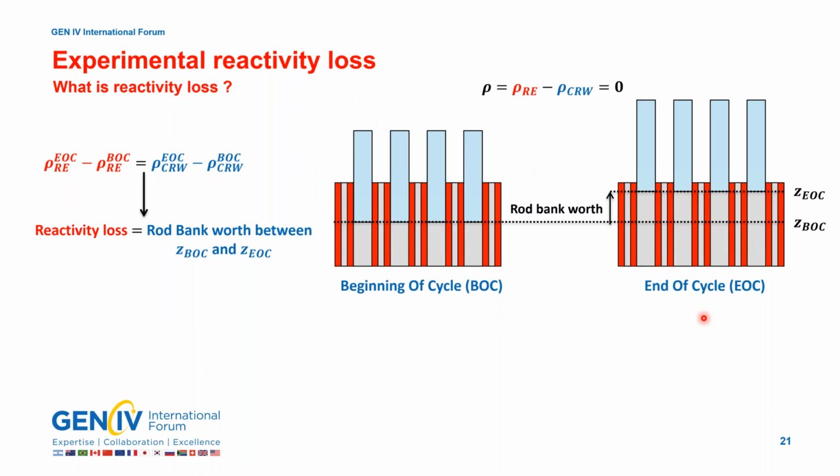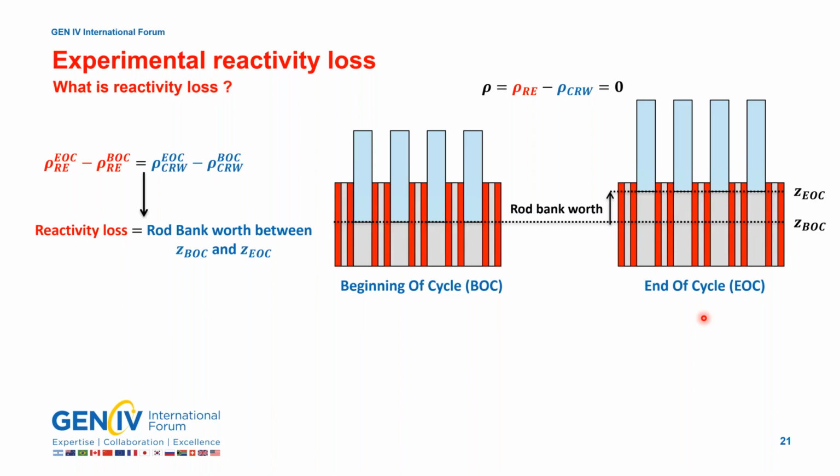In the Phenix reactor, the control rods are used all together, so we are calling them, when they are together, the rod bank. So during irradiation, the rod bank compensates the reactivity loss, so that the reactivity loss is exactly equal to the rod bank worth between the beginning of cycle and the end of cycle axial position.